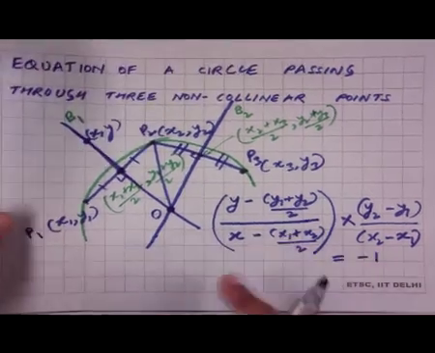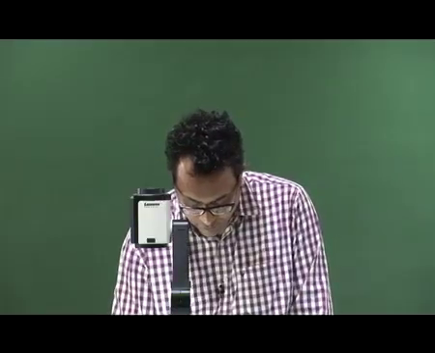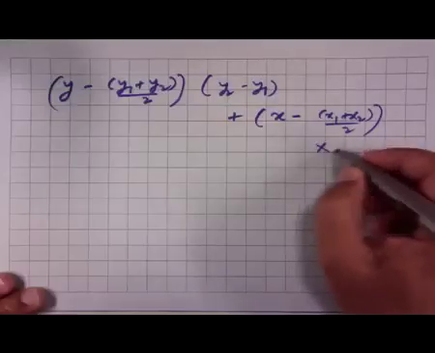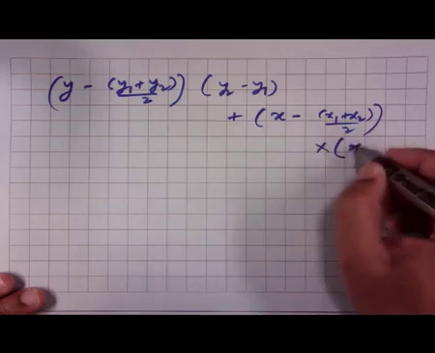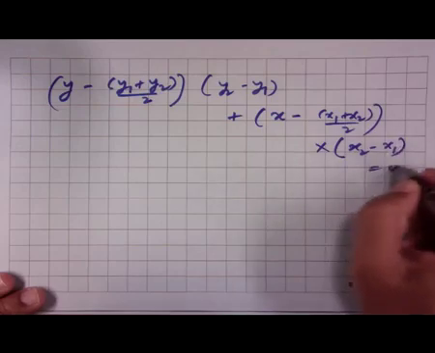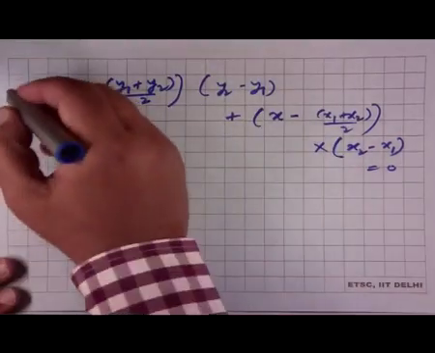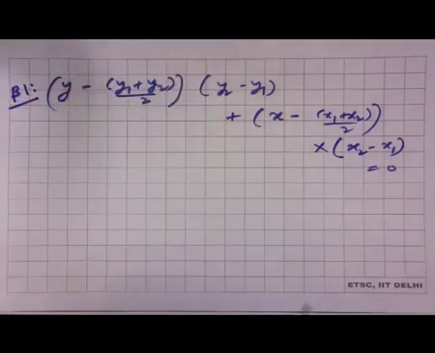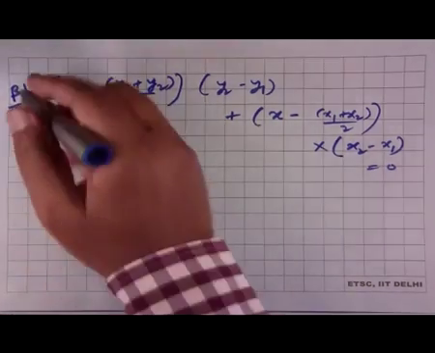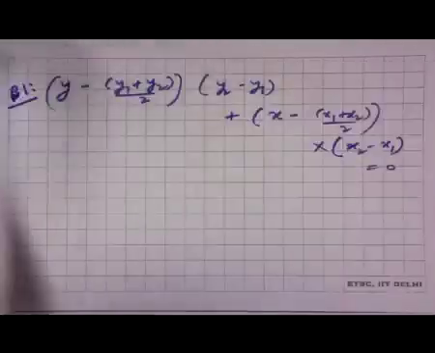And if we refine this a little bit, we get this times, so this is what we get after we refine this. So, this is the equation of the perpendicular bisector B1 of chord P1 P2.